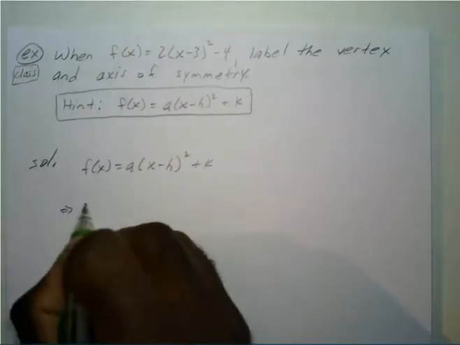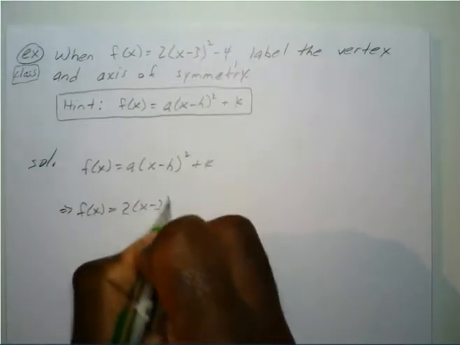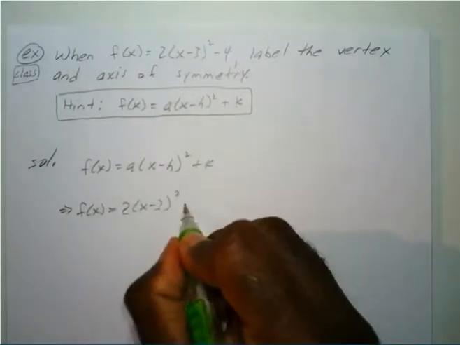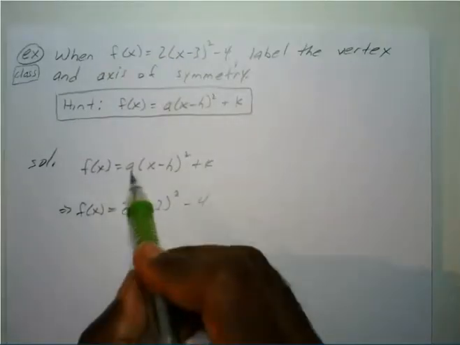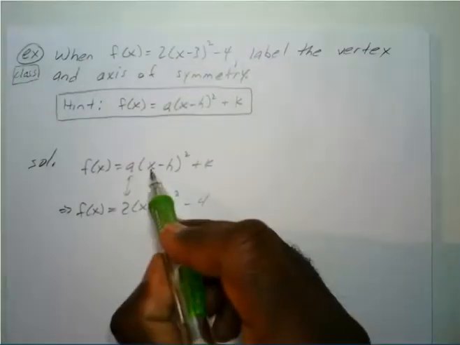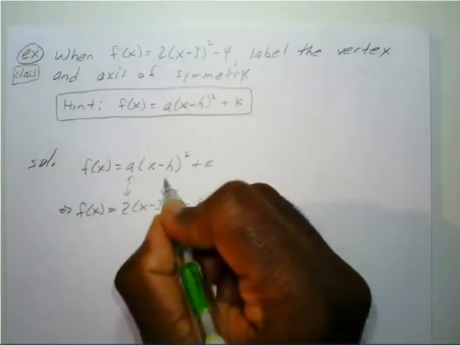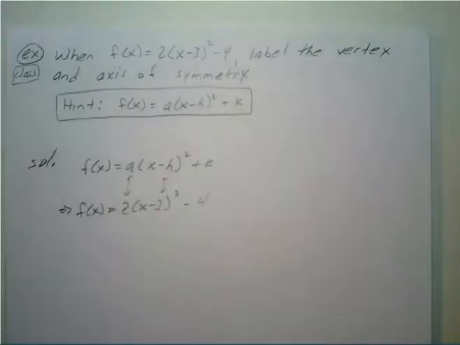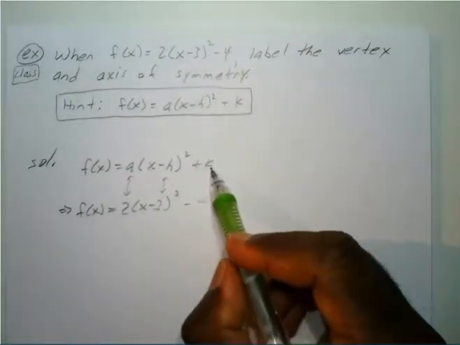We know that f of x equals 2 times x minus 3 squared minus 4. Here we see that our a is equal to 2. We have x minus h, so this is x minus 3, so our h is equal to 3. And this has to be plus k.